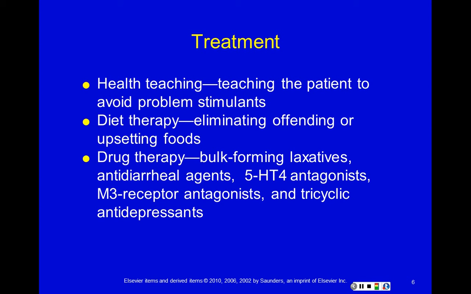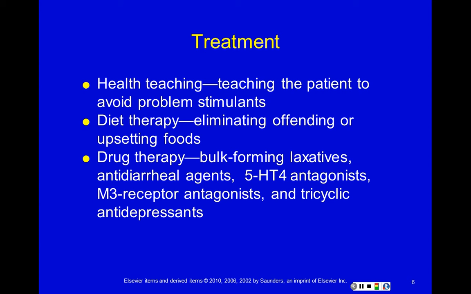And so when we talk about the person using a bulk forming agent, we use these because they're hydrophilic, which means they love water, and so this draws water in for softer formed stools. And so we want to use this, of course, if the person is having problems with constipation. If the person is having diarrhea, then we can use anti-diarrheal agents such as your Imodium.